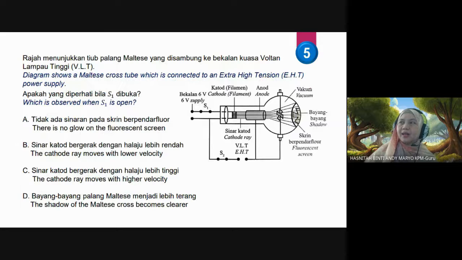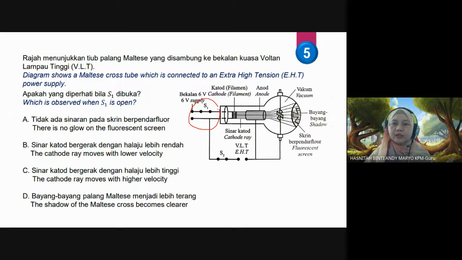Then number 5, student. This is a Maltese cross tube which we can use to study deflection of cathode ray in a magnetic field. What is observed when S1 is open? This is S1, meaning only S1 is open.